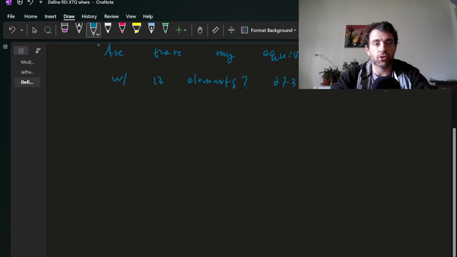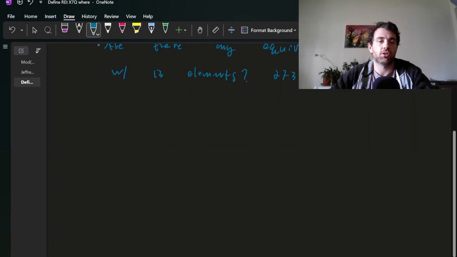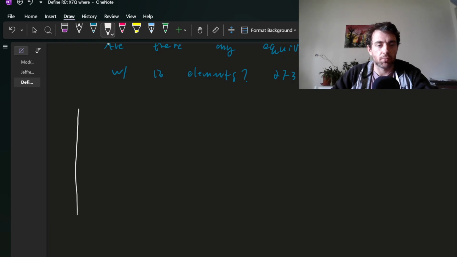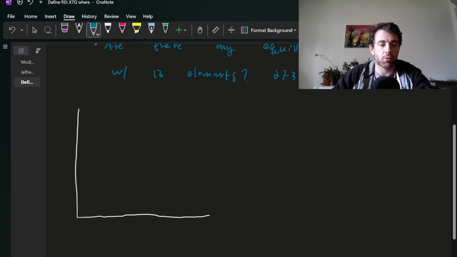So first, in order to get some intuition, the stated hint for the exercise was to draw a picture and come up with a geometric interpretation of this equivalence relation. So that's what we're going to do. I'm going to plot the positive integer points. This is the point (1,1), this is (1,2), and so on.